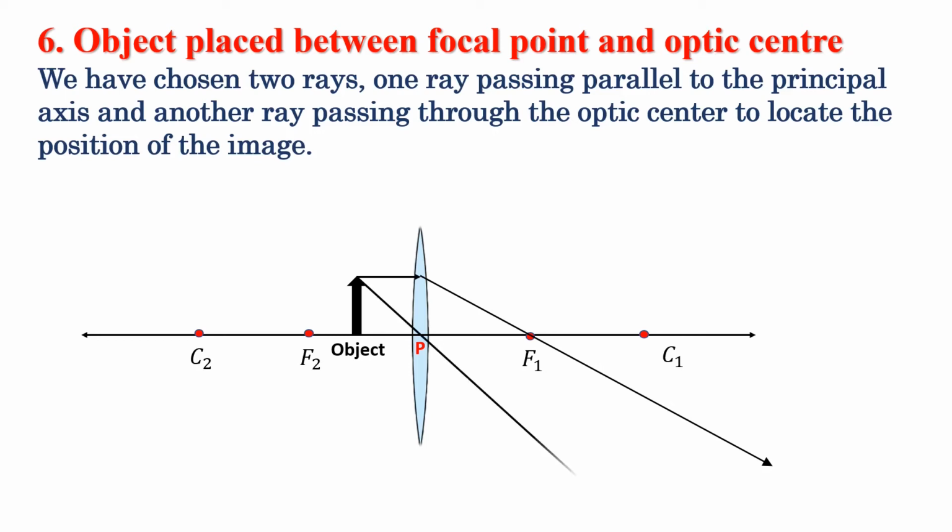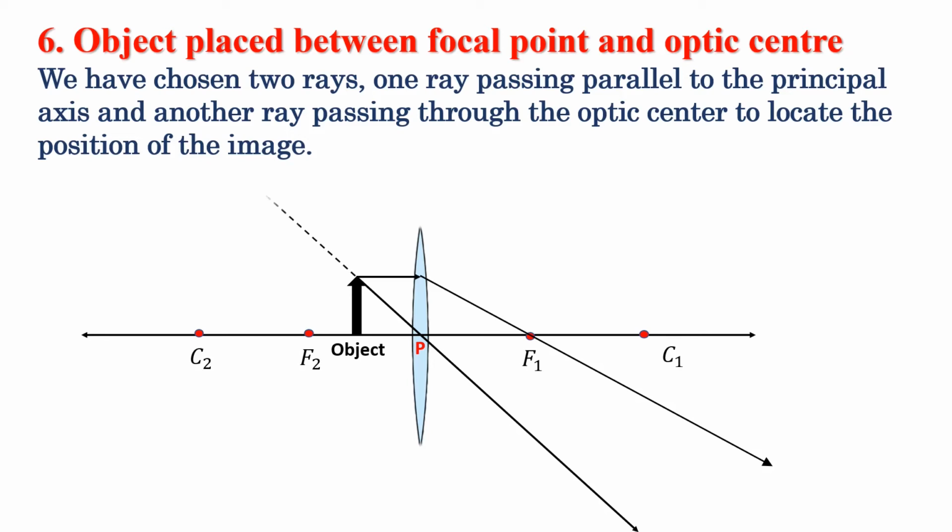The second ray is the ray passing through the optic center. Here also these two rays are not intersecting on the other side, but if you observe carefully, we can extend these two rays back so they can meet on the same side.